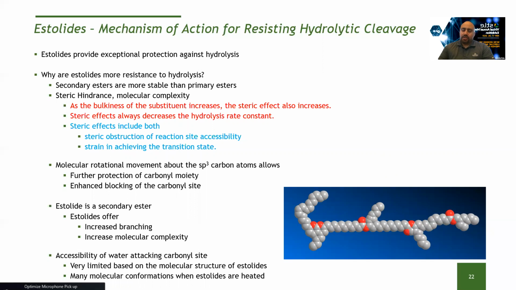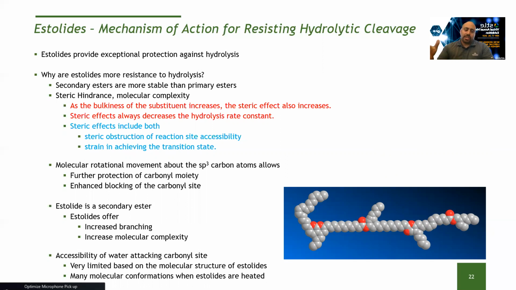When you increase steric effects, the hydrolysis rate also decreases. So steric effects, in a sense, obstruct the reaction site accessibility. And with that in mind, it generates more strain in achieving the transition state.